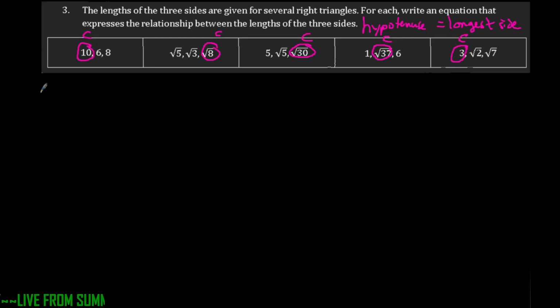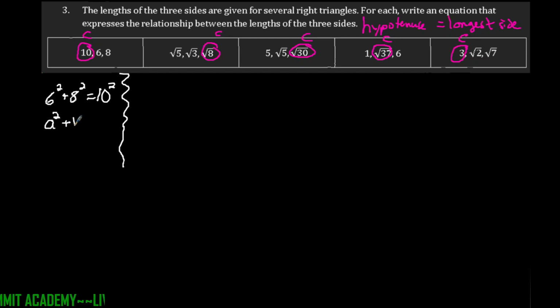For the first one, I can have 6 squared plus 8 squared equals 10 squared. In each of these, we're saying the two legs, each squared, add up to the hypotenuse squared.